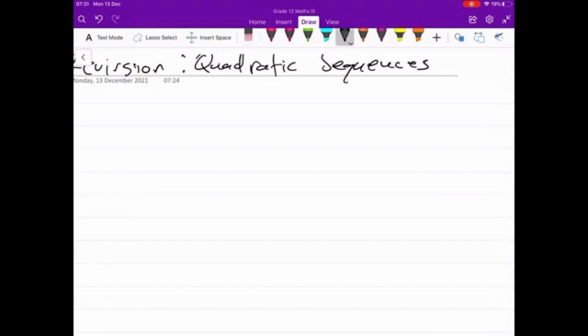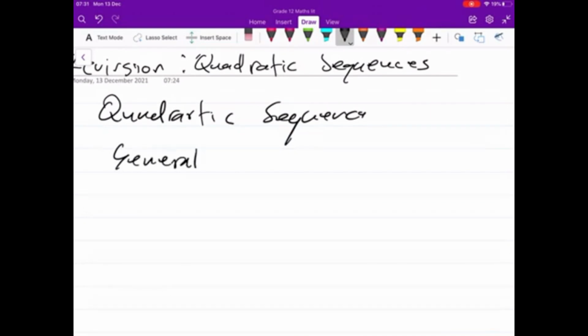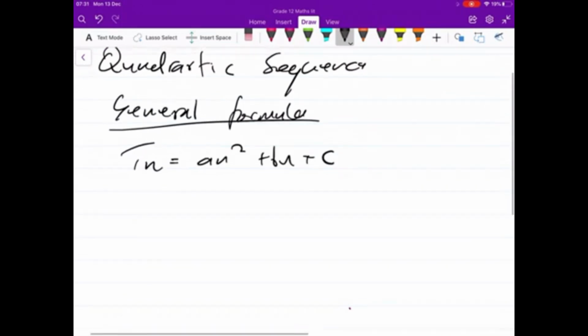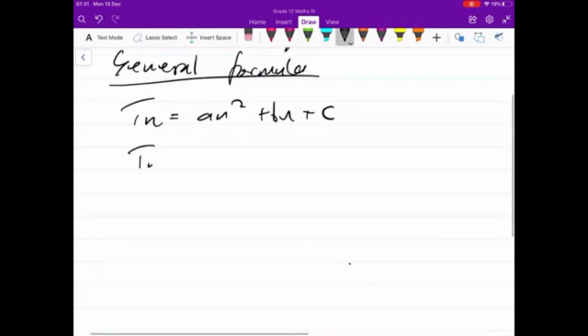A quadratic sequence. Well, we know that the general formula is given by Tn equals an squared plus bn plus c. And of course, we know here that Tn tells us about the term. A, and very important here, A is half the second difference.